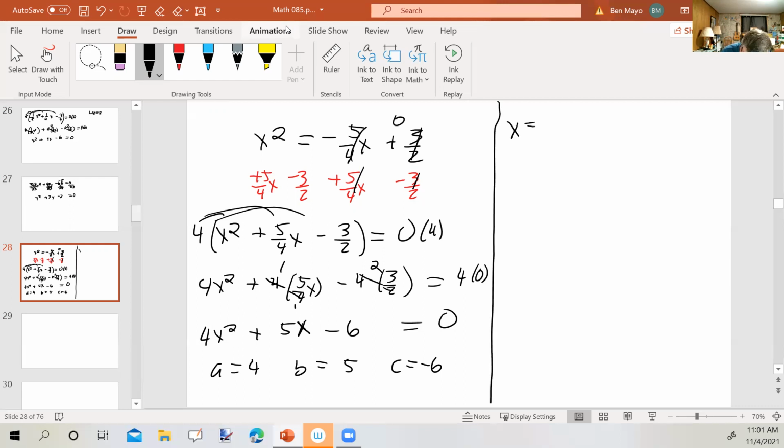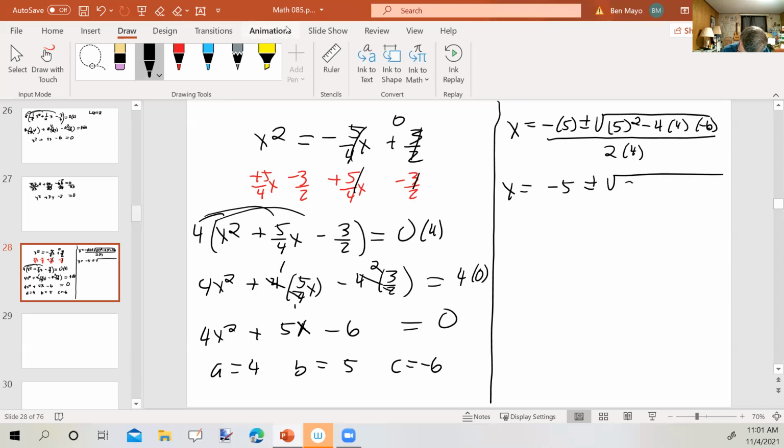So x equals negative b plus or minus the square root of b squared minus 4ac all over 2a. X equals -5 plus or minus the square root of 25. And then we've got minus 4 times 4 is -16 times -6 would be plus 96 all over 8.